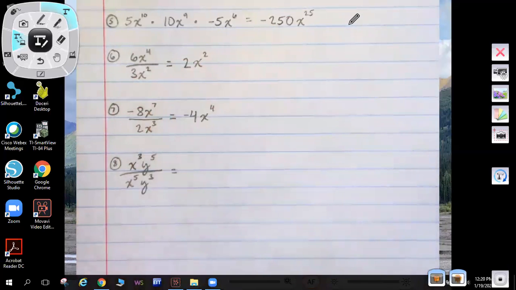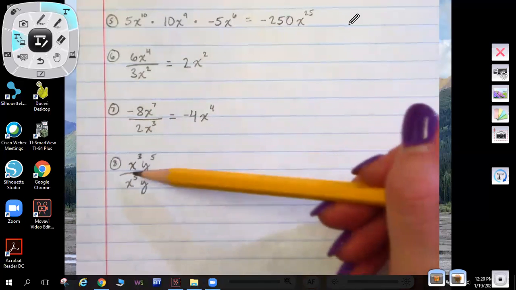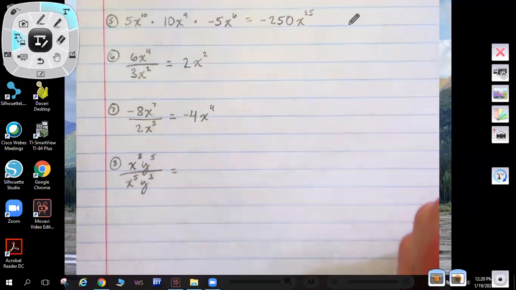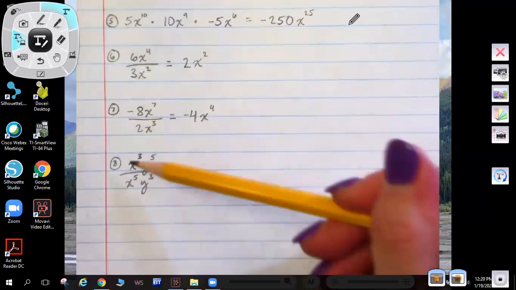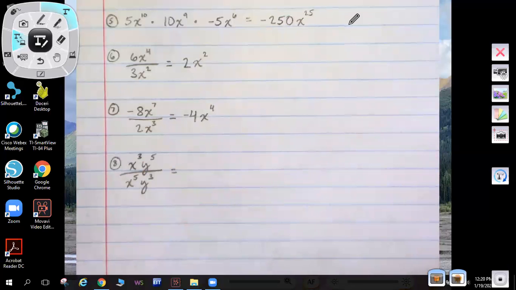x cubed y to the 5th divided by x to the 5th y cubed. Okay, there's no coefficients. Actually, both of the coefficients are 1, and 1 divided by 1 is 1. We're not going to write that.